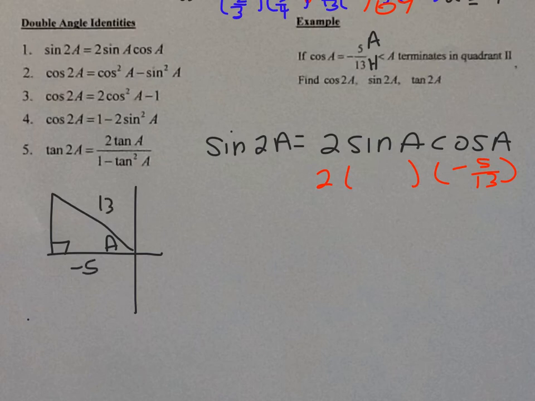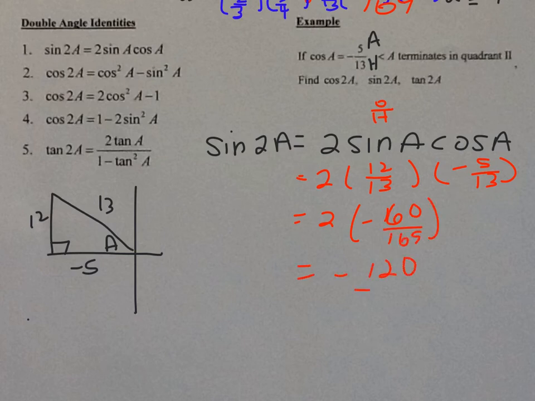So you should know this is a 5, 12, 13 right triangle. So we need sine, which is the opposite over the hypotenuse. So that's 12 over 13. So we have here 2 times negative 60 over 169. And then that's negative 120 over 169.